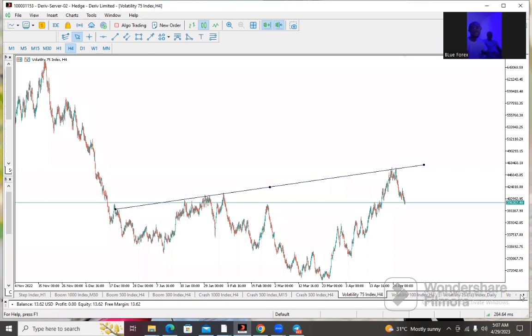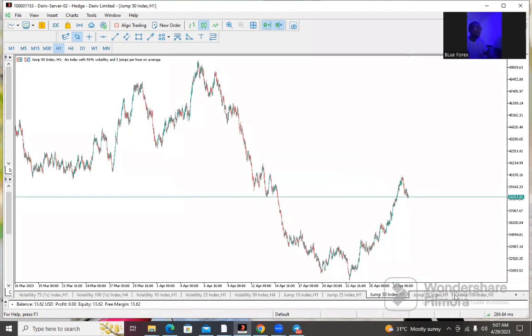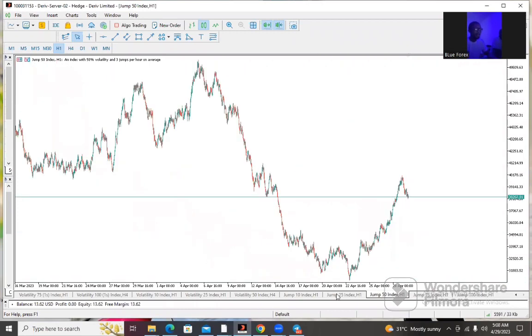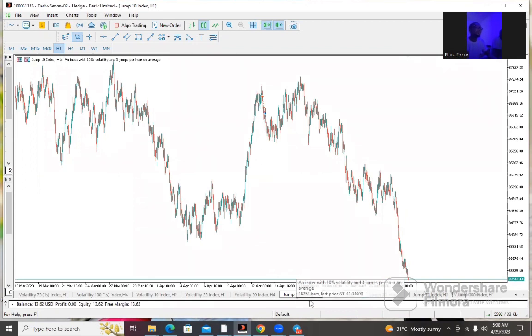And a pair like Jump too has its own way of behaving. So every pair has its own way. Jump spikes, but not the way Boom and Crash spike.